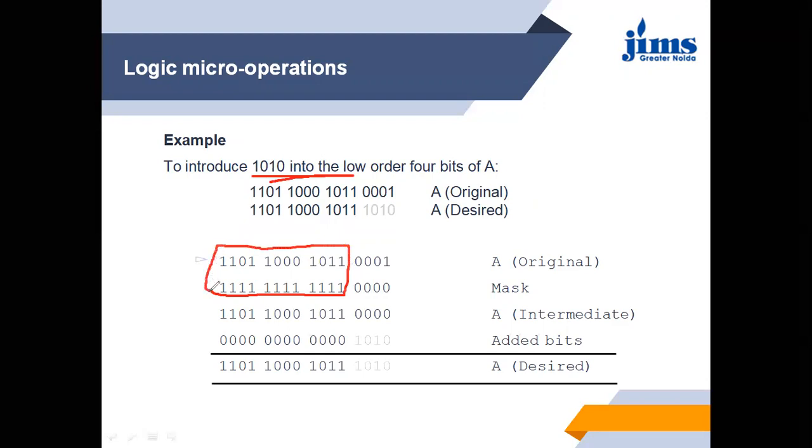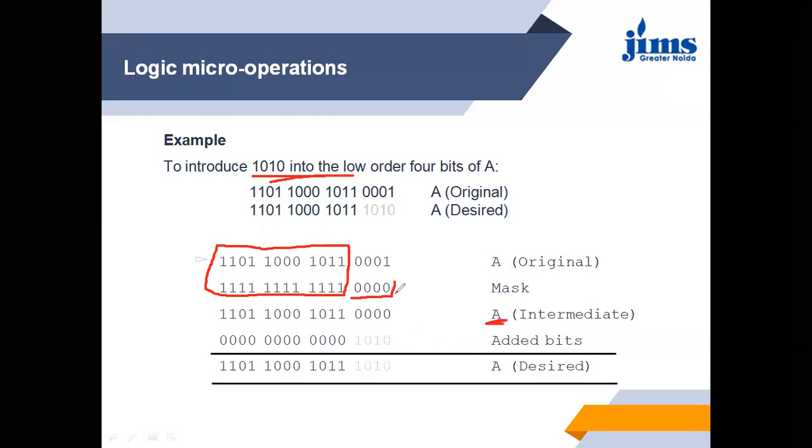So the bits that are going to be changed, we first have to mask by 0. Those have to be changed. In the other bits, the masking is with 1. Now we have to find the OR.